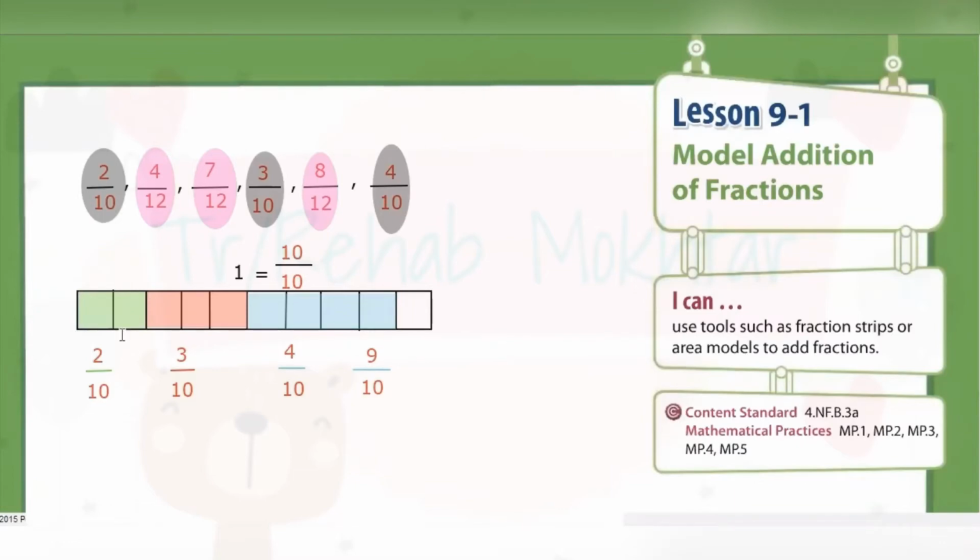Now, teacher, if I have some fractions with a like denominator, I can combine them. I can compose them together to find out the total number of shaded parts. I will add 2 out of 10 plus 3 out of 10 plus 4 out of 10.